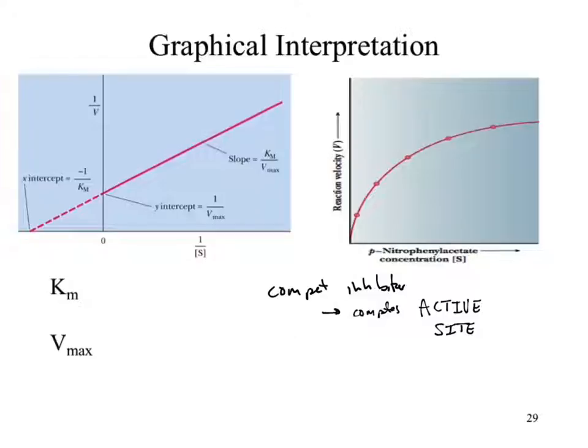You just have to read the answer. Your y-intercept gives you information about your Vmax. It's not exact, it's 1 over Vmax. And the x-intercept gets you negative 1 over the Km. That one we have to watch out for because we have a negative and an inverse.